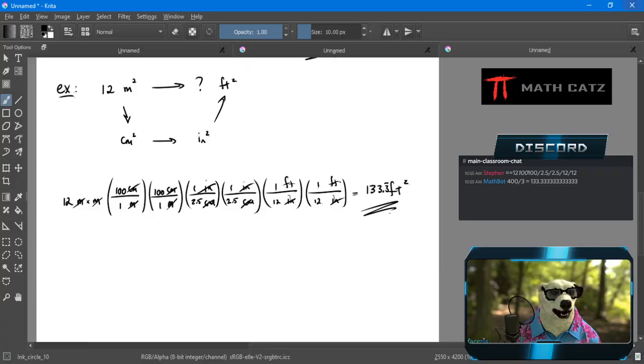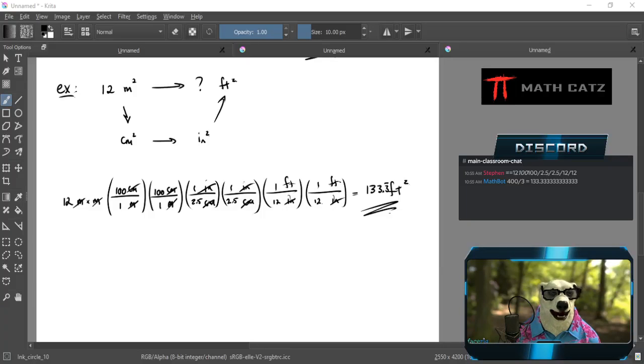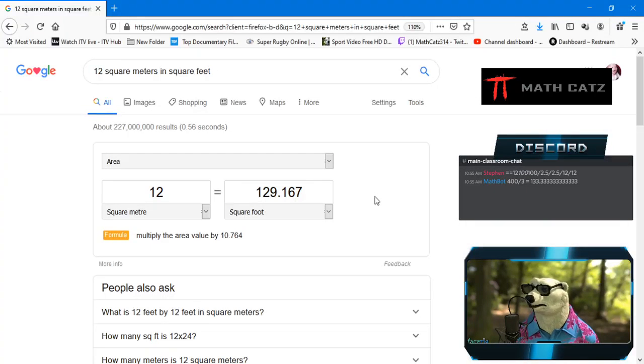Let us see what Google says. Square meters and square feet. Yeah, I'm losing a little bit of accuracy here, of course, because of the many conversions actually happening, right?